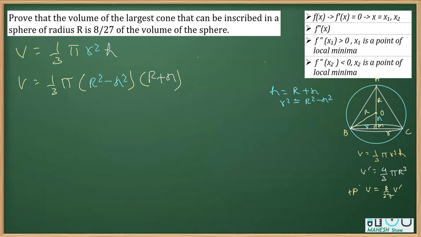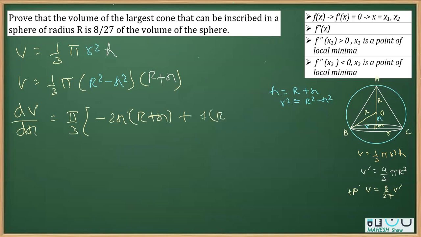Then we'll find its derivative. If I differentiate with respect to x, dV over dx is equal to pi by 3, which is a constant here. I'm going to apply the product rule. Derivative of this is minus 2x, R being a constant, and this R plus x being copied, u dash v plus u v dash. This time I'll find the derivative of R plus x, which is 1.